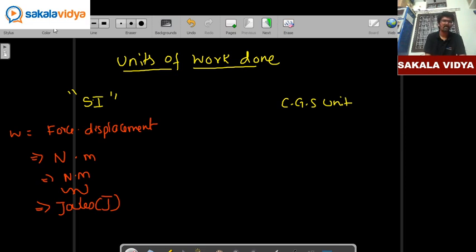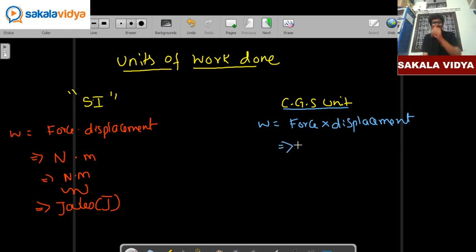J. In similar fashion, CGS units, work done is equal to force into displacement. In CGS units, the unit for force is dyne, multiplied with displacement, whose unit in CGS is centimeter.